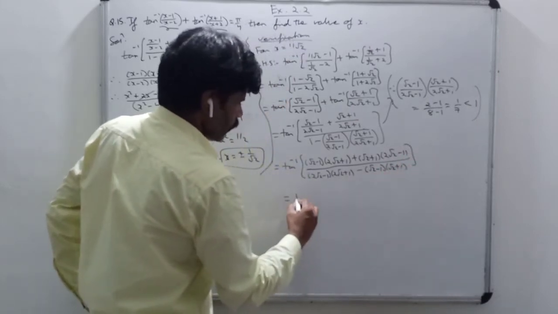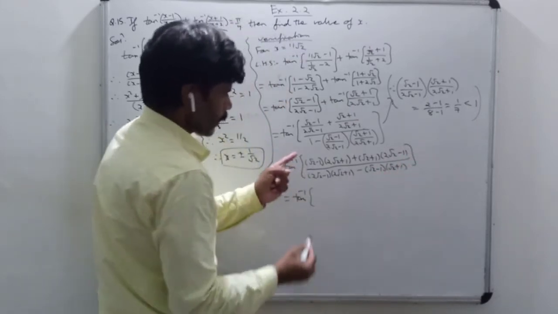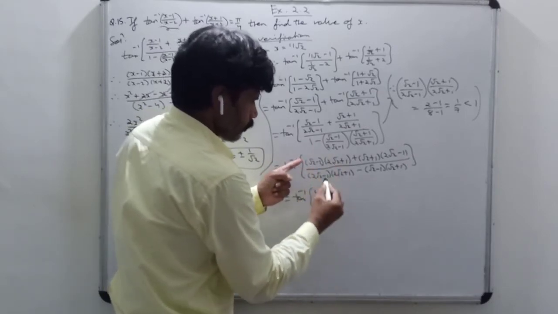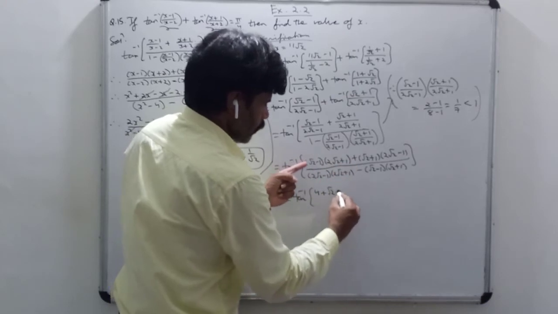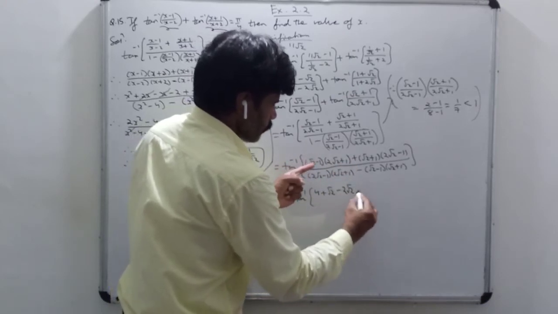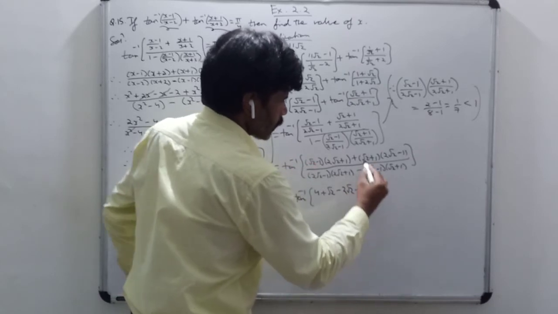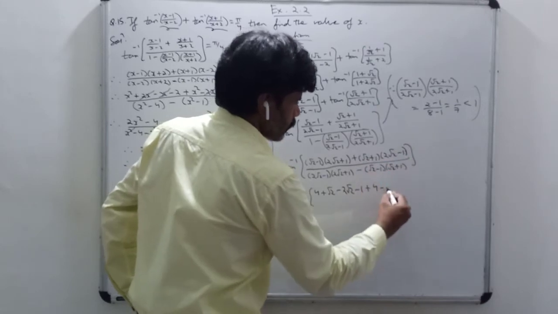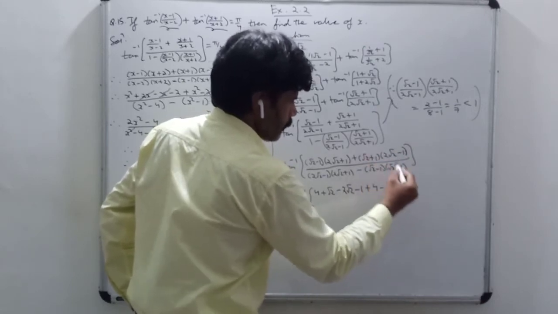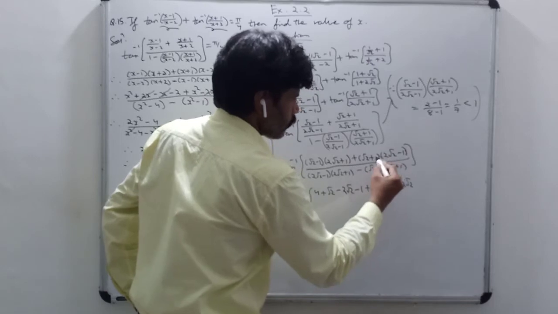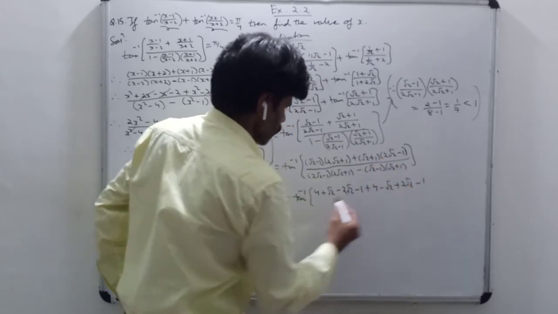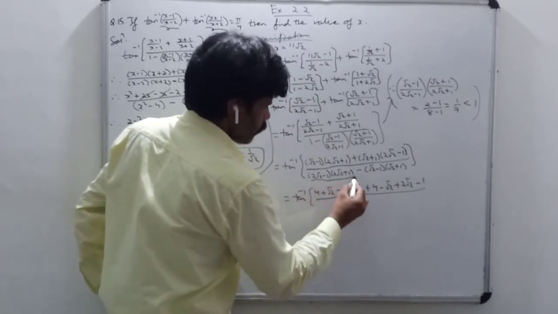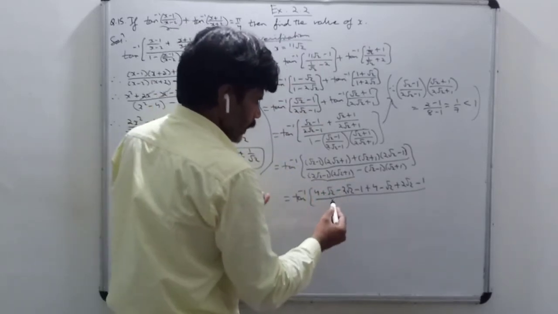So that is equal to, we are getting tan inverse of, now expand: root 2 into 2 root 2 is 4, root 2 into 1 is root 2, minus 1 into 2 root 2 is minus 2 root 2, minus 1, plus root 2 into 2 root 2, again 4, then root 2 into 1, minus root 2, plus 2 root 2, 1 into 2 root 2, 1 ones are 1, whole divided by 2 root 2 minus 1 into 2 root 2 plus 1, means a minus b into a plus b, that we already know, that is 8 minus 1.